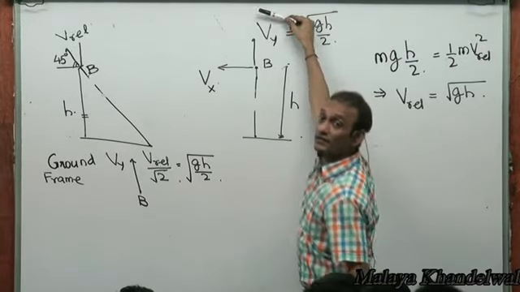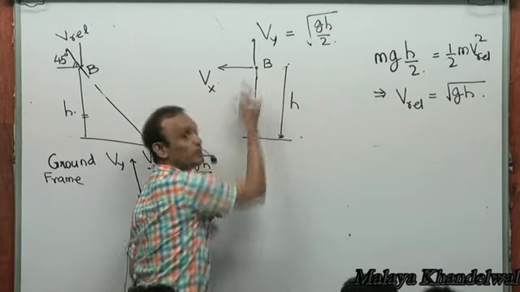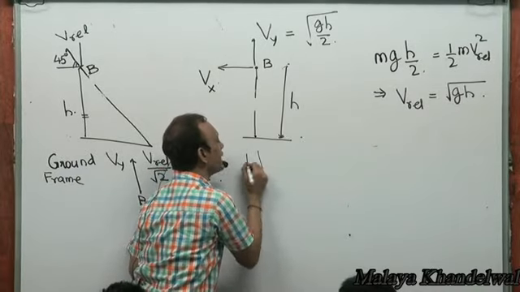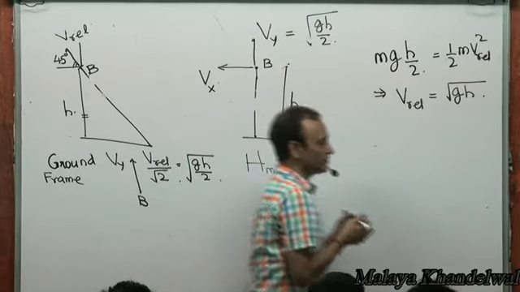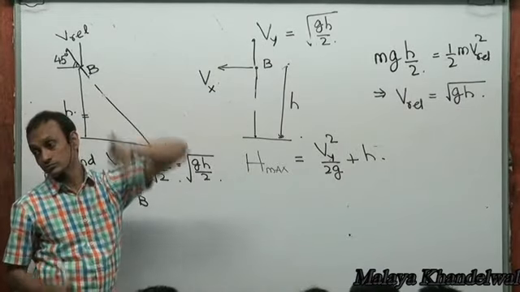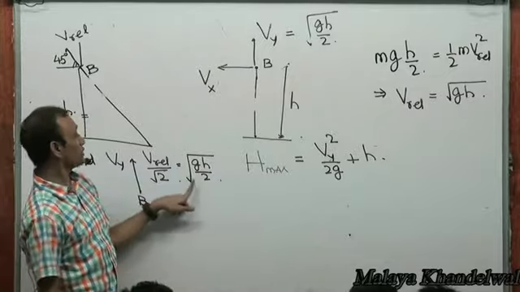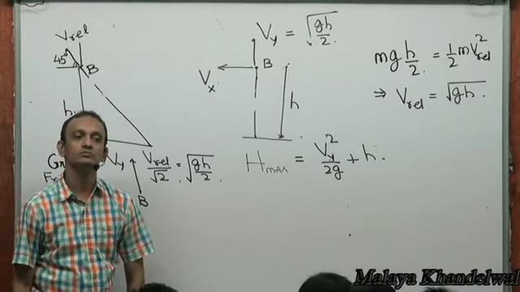So the maximum height above the ground that the particle reaches, h max, is going to be Vy squared by 2g plus h above the ground, where Vy we've already obtained as root gh by 2, etc. Yes or no?